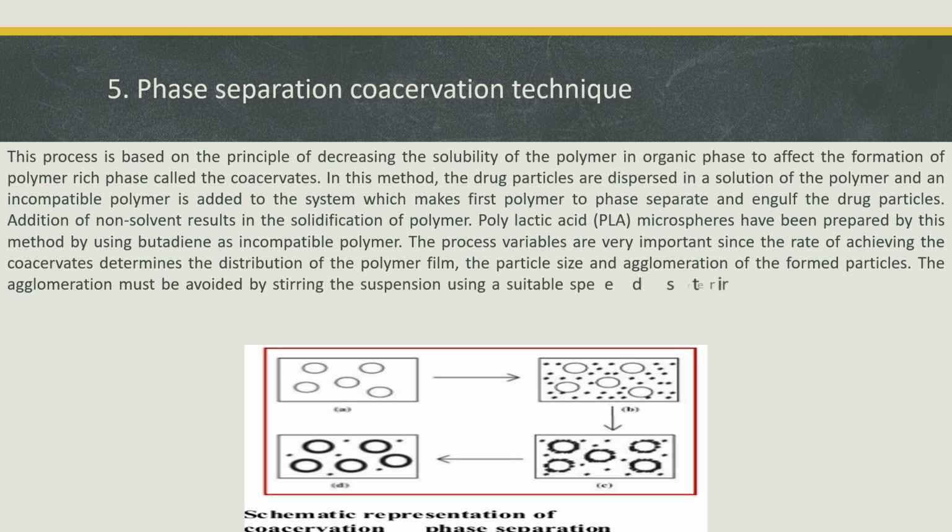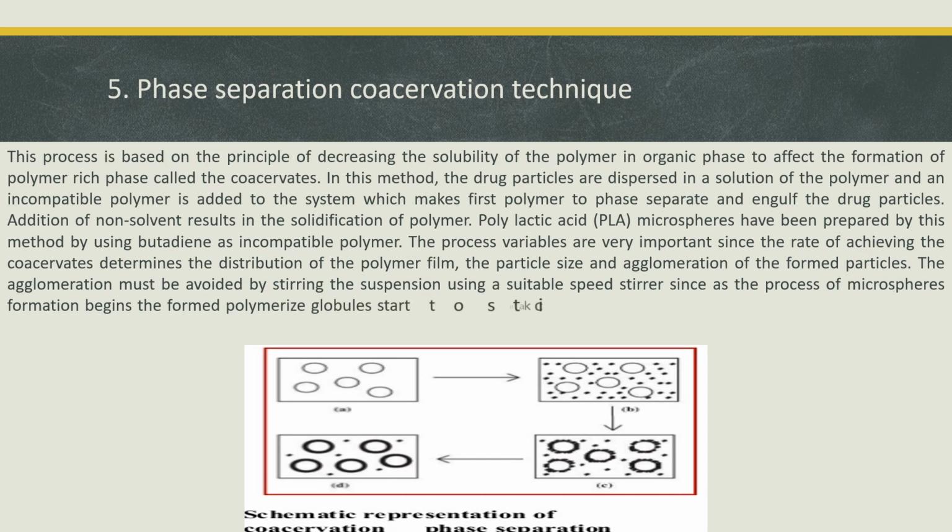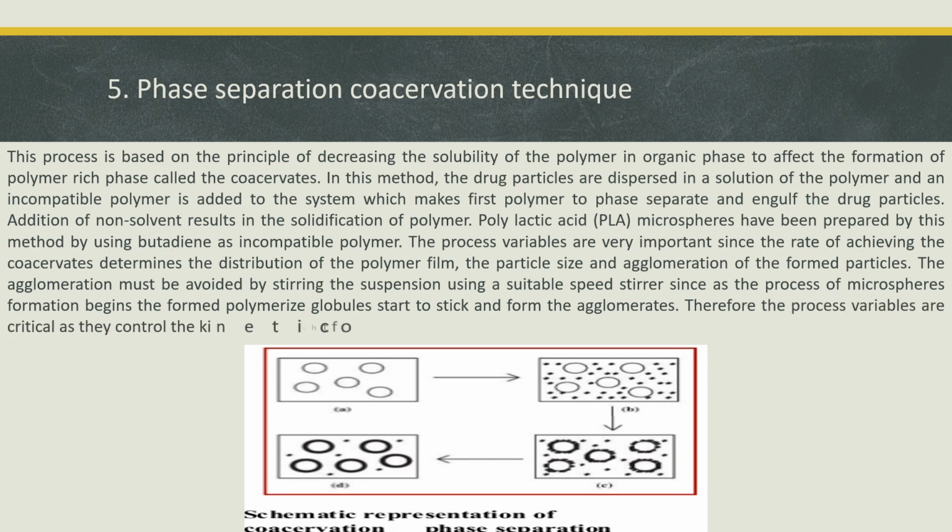The agglomeration must be avoided by stirring the suspension using a suitable speed stirrer, since as the process of microsphere formation begins the formed polymerized globules start to stick and form agglomerates. Therefore, the process variables are critical as they control the kinetics of the formed particles since there is no defined state of equilibrium attainment.